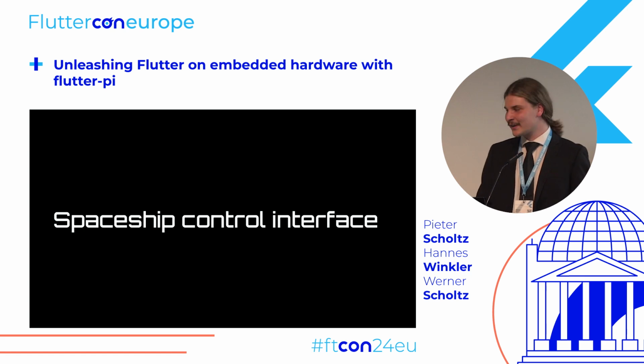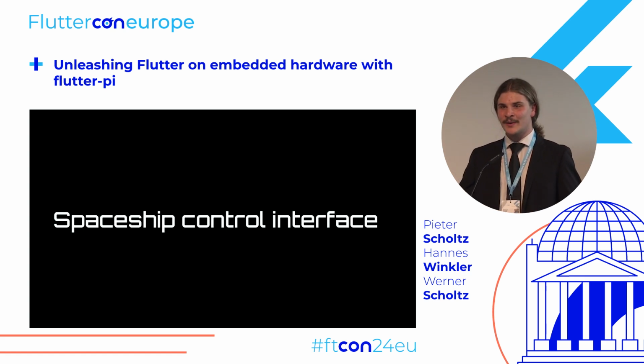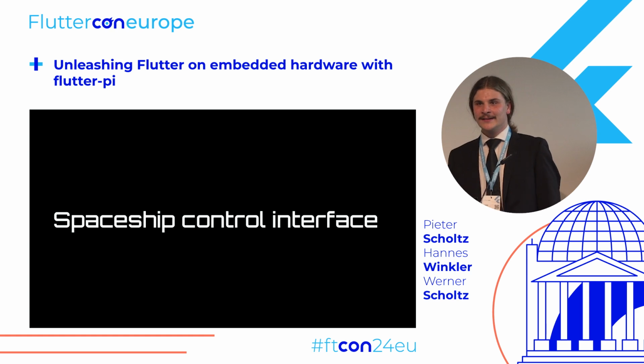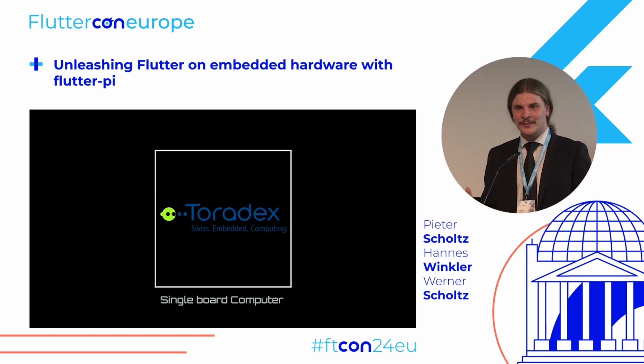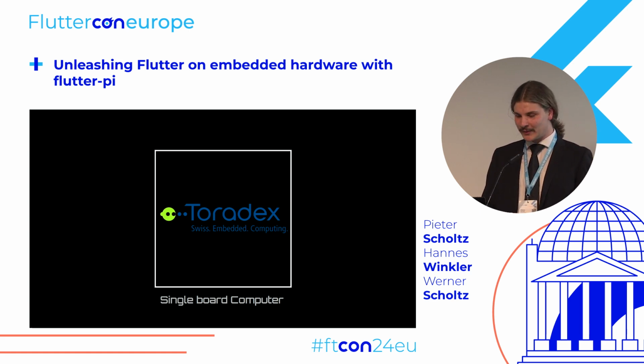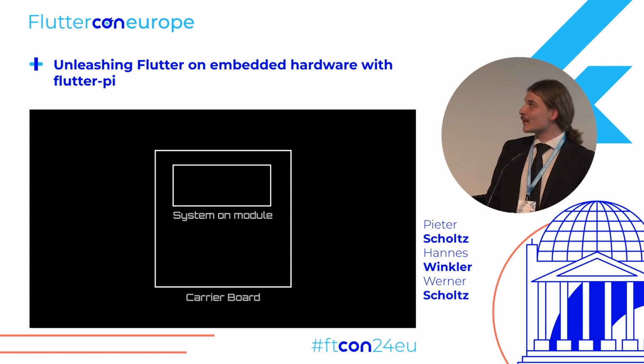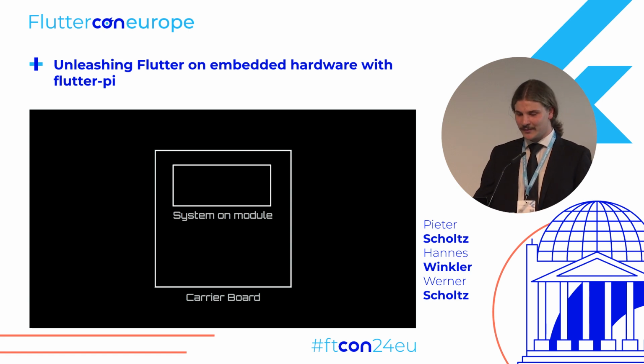Okay, so this hardware that we have here is not powered by Raspberry Pi, but rather by, let me put up the next slide, a single board computer manufactured by a company called Toradex. So on this single board computer, we have a system on module, or SOM as we call it.